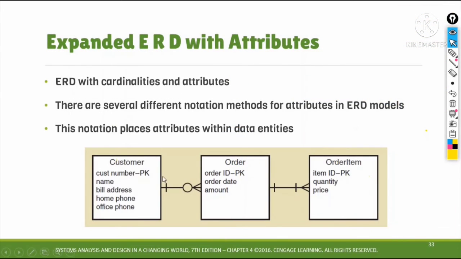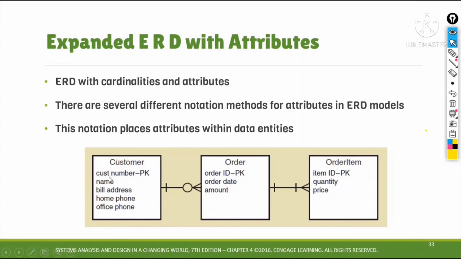Okay, so going back, this symbol here, PK, represents primary key. As you can remember, the primary key or the identifier identifies the uniqueness of the thing. So in this case, the customer has a unique identifier.